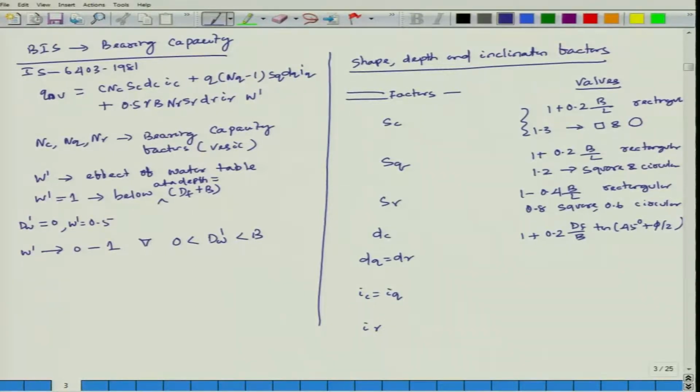Then dq is equal to d gamma, which is 1 plus 0.1 Df by B tan(45 degree plus phi by 2) for phi greater than 10 degree, and 1 for phi less than 10 degree.